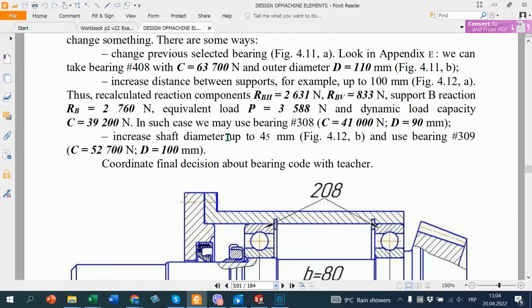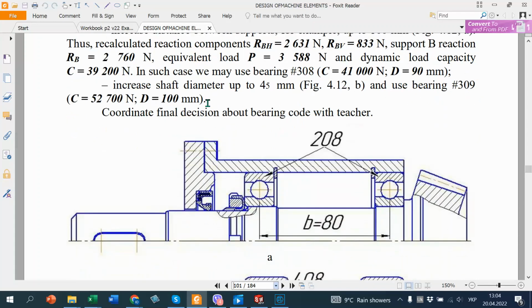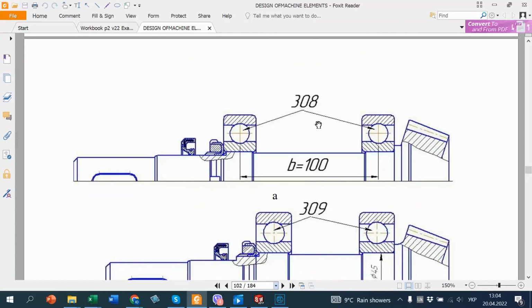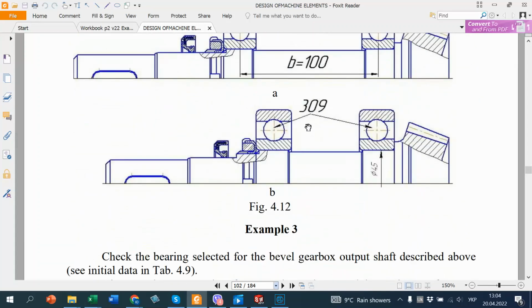Increase the shaft diameter up to 45 and use bearing 309. Here you see three variants: 408, increase distance, and change diameter.